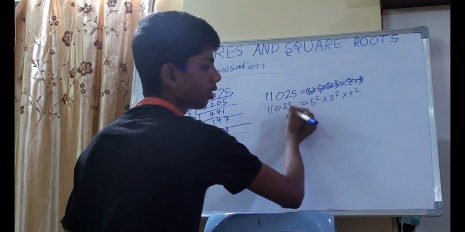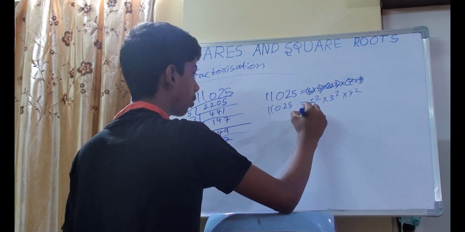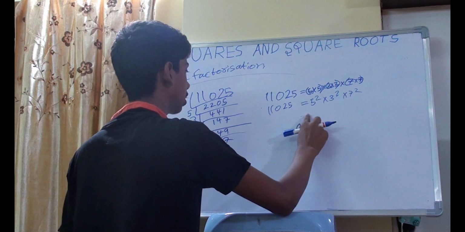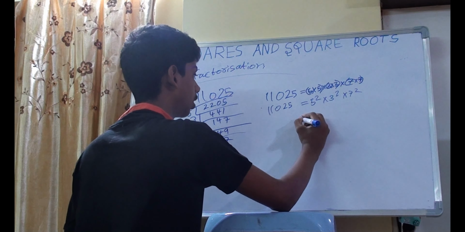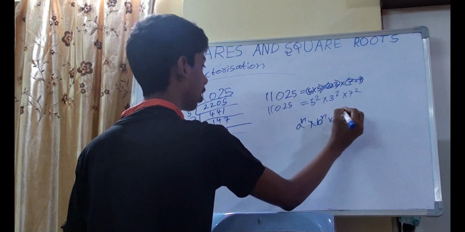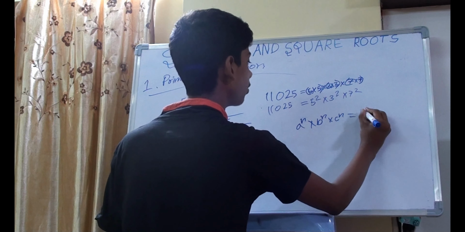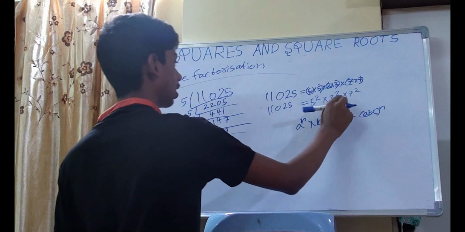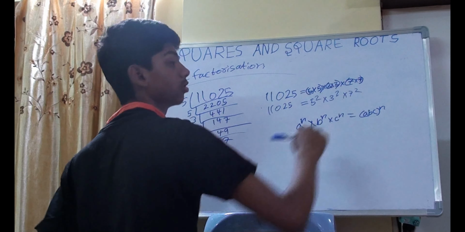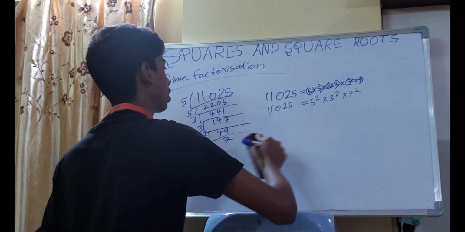Now we have a point here. a power n into b power n into c power n equals (abc) whole power n. So we can multiply all these three values excluding the exponents and find the square of this number at last.